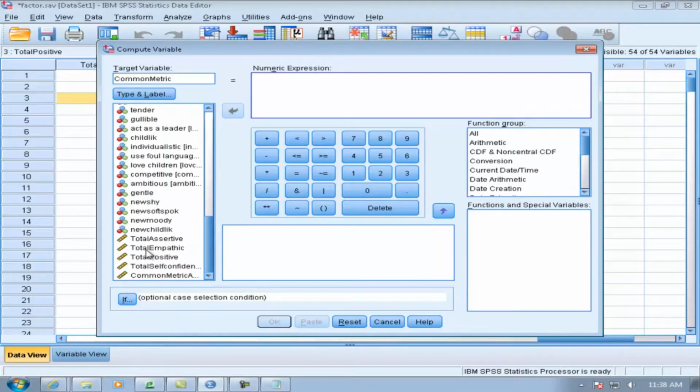This is going to be common metric empathic. Now you said there were 5, right? Okay, so I'm going to hit the divide sign right here. And I want to click on 5 like this.